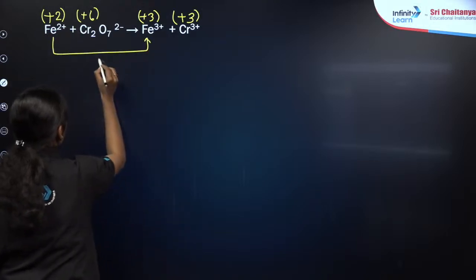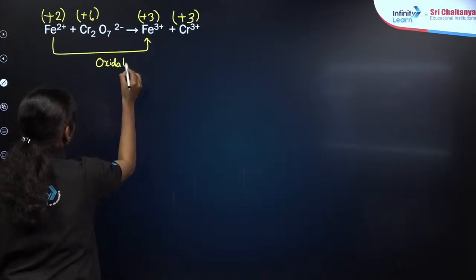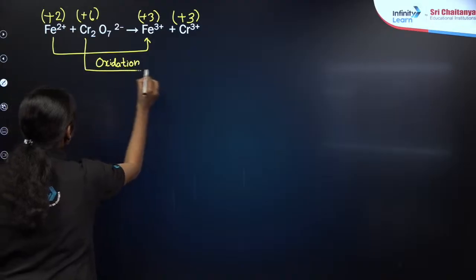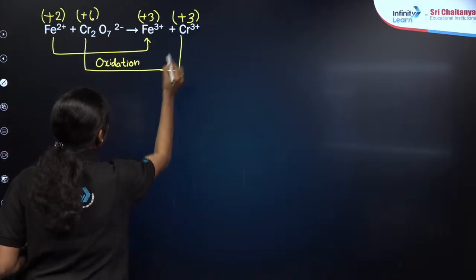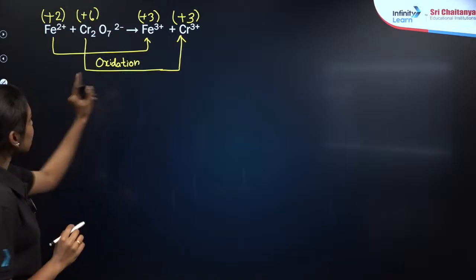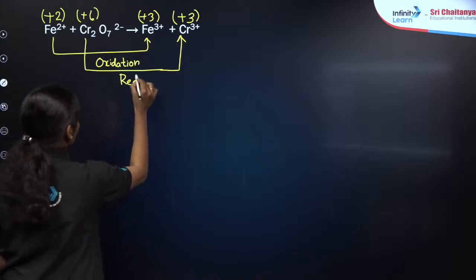Then Cr2O7 2- gives Cr3+, which means it's changing its oxidation number from +6 to +3, that is reduction.